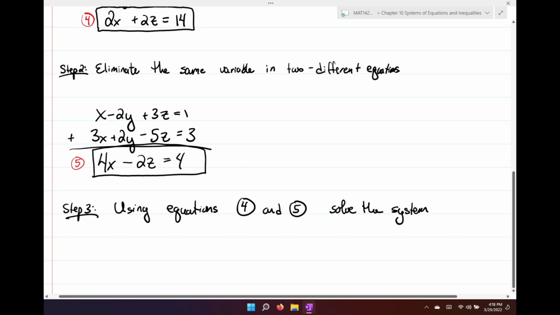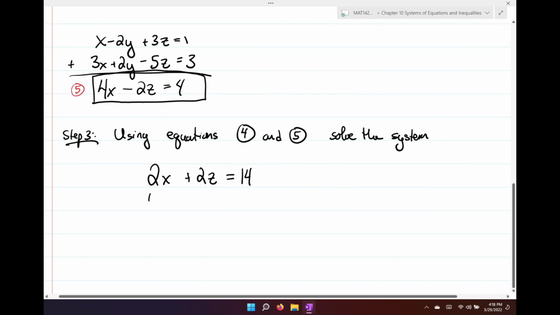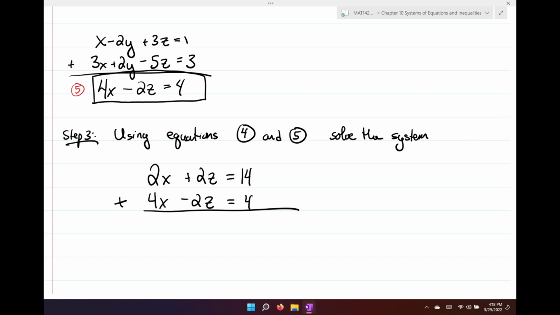So if you look at equations 4 and 5, equation 4 is 2x plus 2z equals 14. Equation 5 is 4x minus 2z equals 4. If you notice here, we have two equations, two variables. More importantly, the variables are the same exact variables.